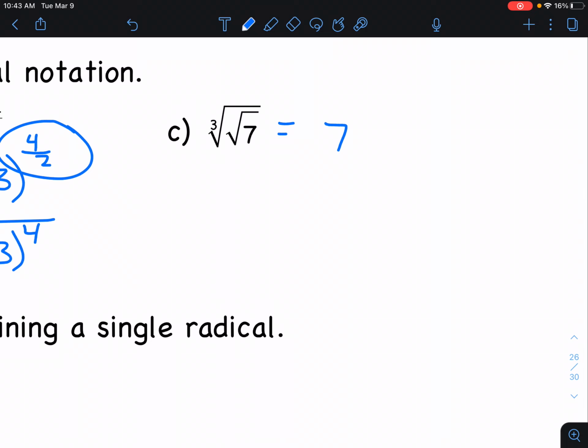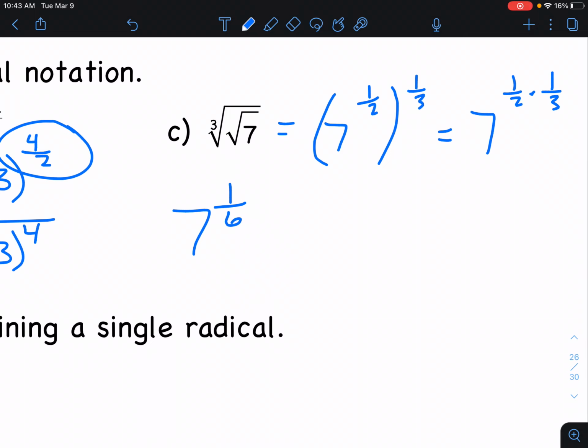So the immediate 7 inside is a square root of 7, so that is 1/2. So it's saying 1/2 to 1/3 for the cube root. So we're supposed to multiply the exponents, and that'll be 1/6.